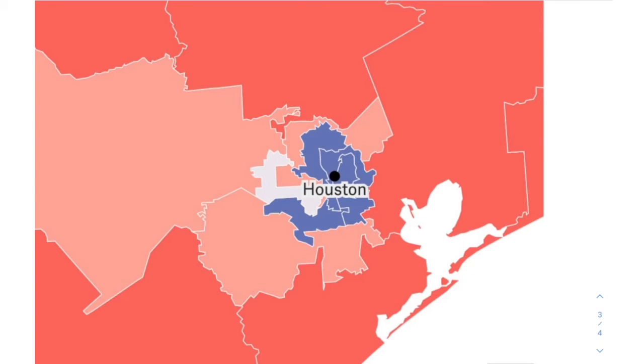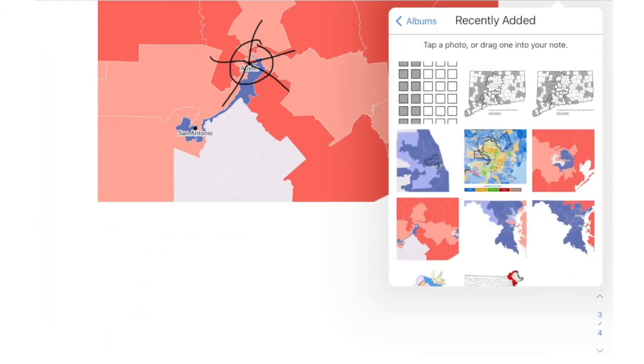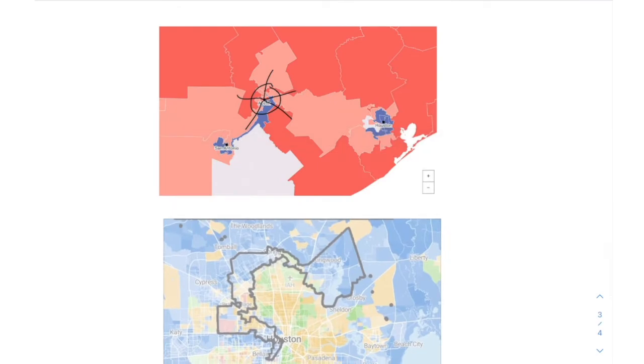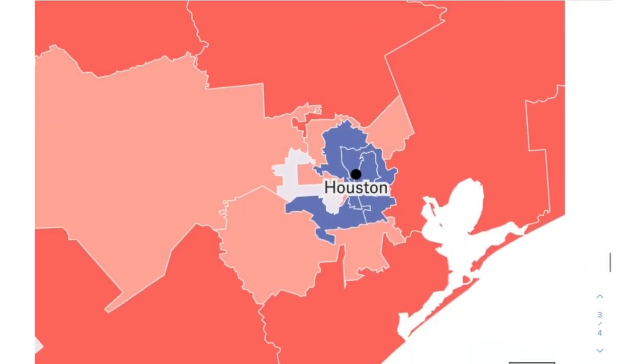But there's an interesting thing to point out about this part. So the region of Houston, I have a special picture of that. If you're interested, I'm going to put all these pictures on our class website.